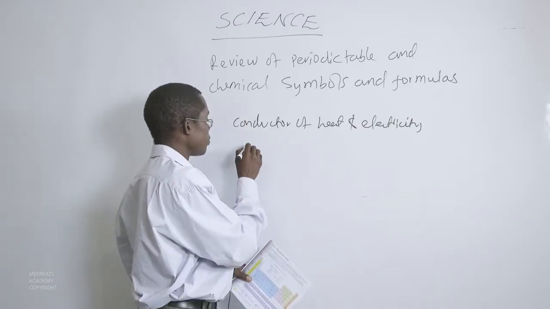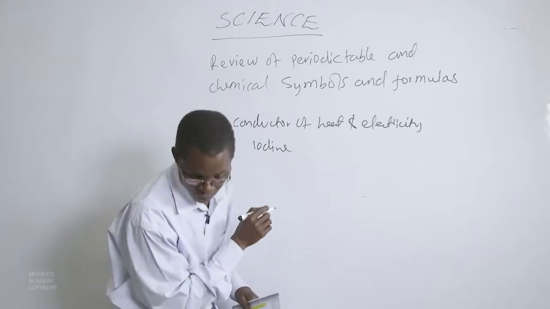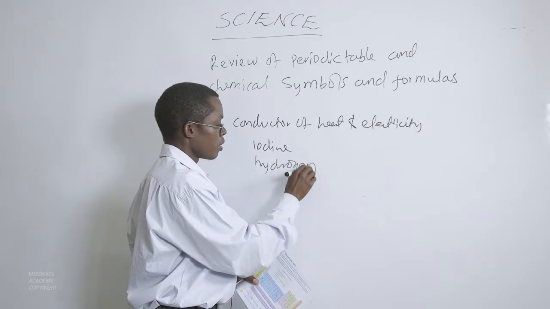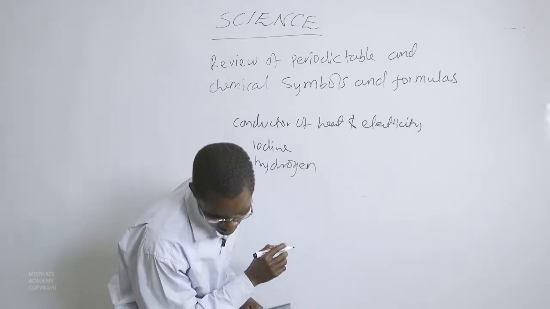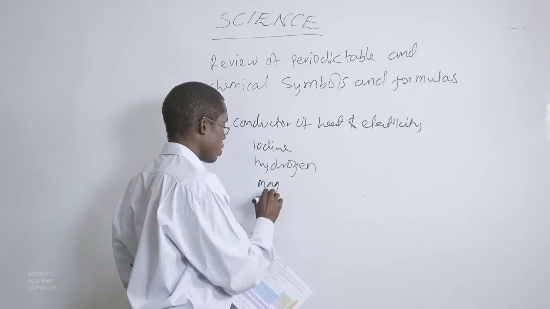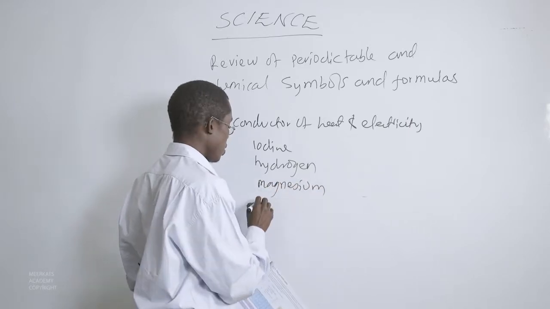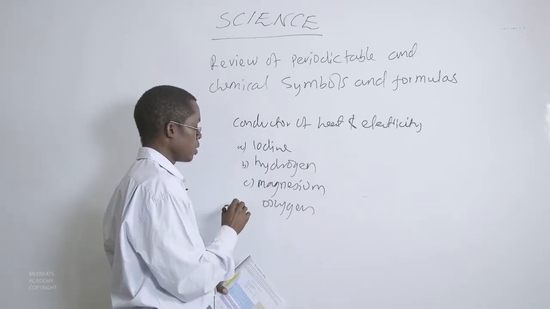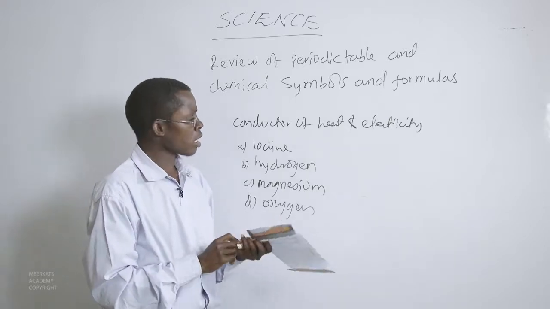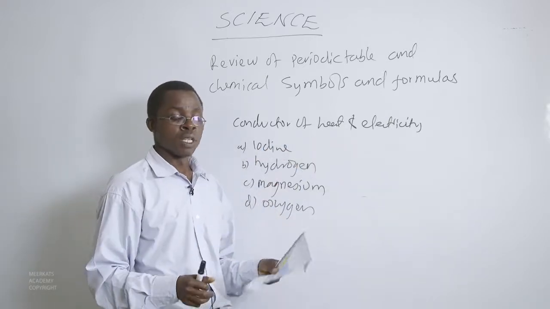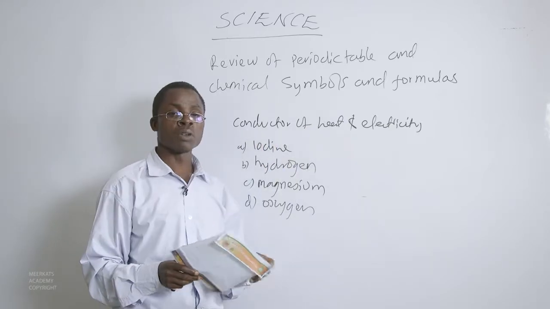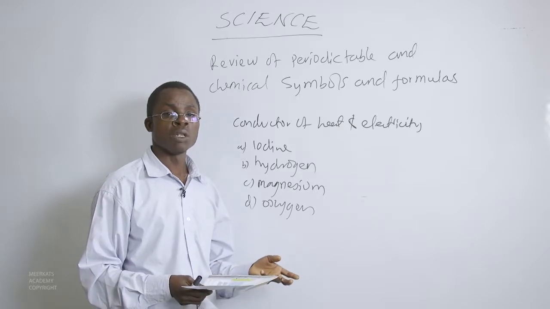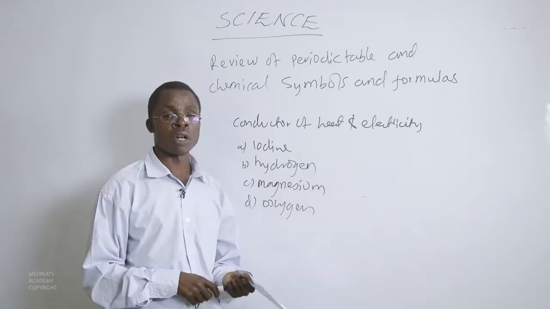We have iodine, hydrogen, magnesium, and oxygen, A, B, C, and D. As I've just stated, after knowing the facts about metals and nonmetals in terms of conductivity, it can be very easy to rule out or rule in whatever is correct.